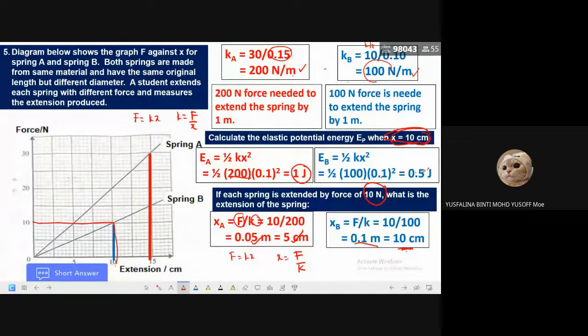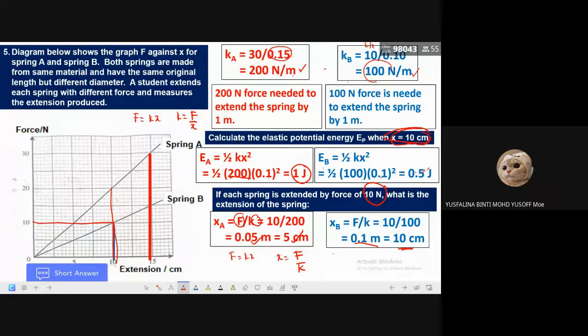Okay. So let's say if you want to find the area under the graph, can we get the same answer? If I want to find the elastic potential energy Ep, because they give you a graph, you can just straight away use the graph. Let's say I want to find for spring A. The extension x is 10 cm, so here.